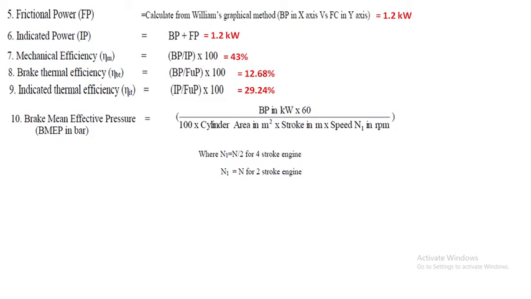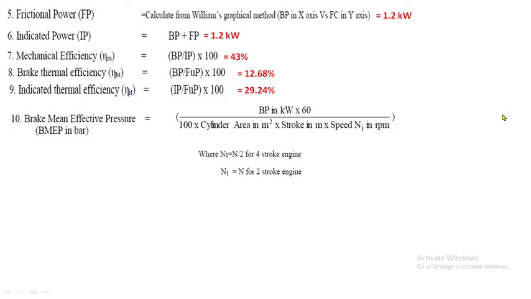So you will feel pressure differences inside the cylinder. For that, we are going to take the average, the mean. That's why we say mean effective pressure. If you calculate with respect to brake power, it is brake mean effective pressure. If you calculate with respect to indicated power, it is indicated mean effective pressure.